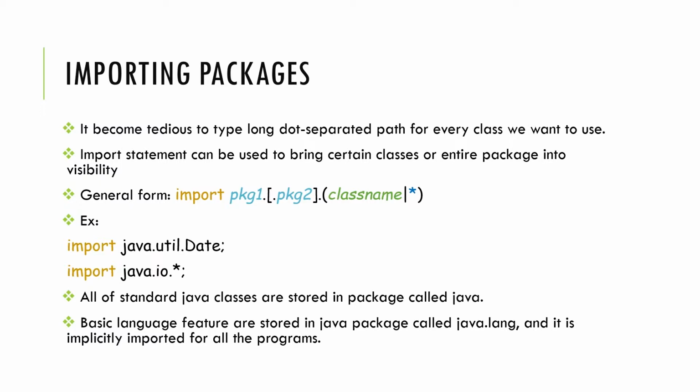Remember, the sub packages are not imported using the asterisk. Examples are import java.util.Date and import java.io.*. All of the standard Java classes are stored in a package called java. And the last one is the basic language features, which are stored in a Java package called java.lang, and it is implicitly imported for all the programs.